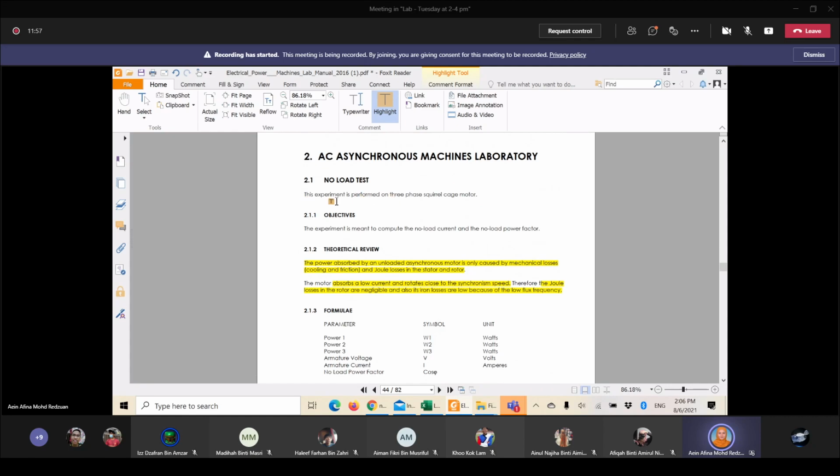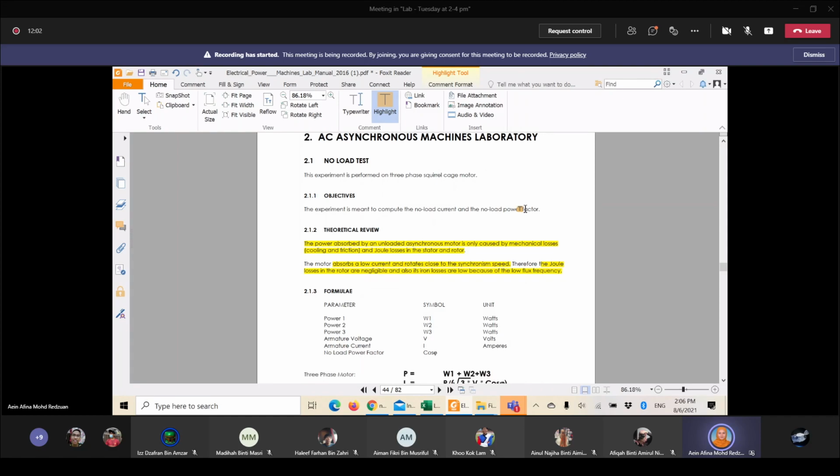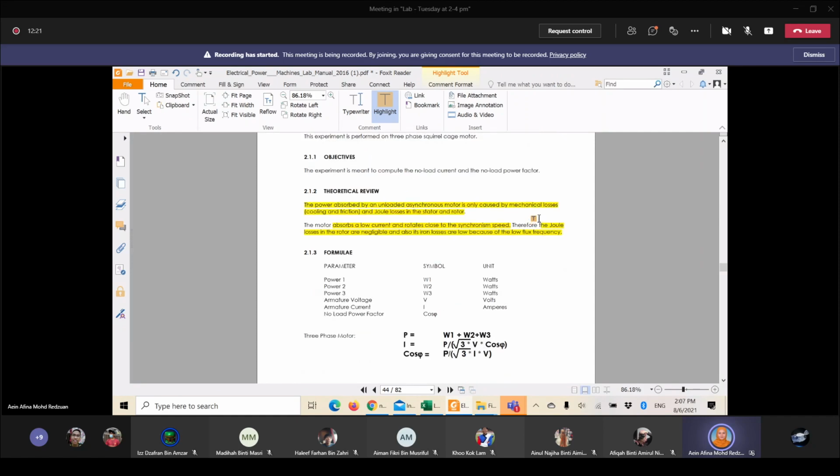This experiment is performed on a 3-phase squirrel cage motor, and the objective is to compute the no load current and the no load power factor. So basically we are going to comprehend and understand the working mechanism of the asynchronous machine without any external factor. I mean, directly we're going to record the current and the voltage and so on.